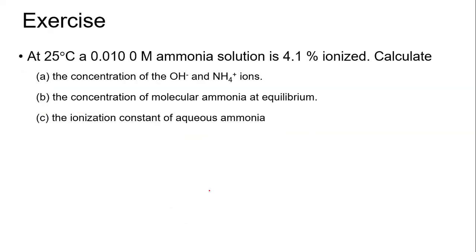Another question: at 25 degrees, a 0.01 molar ammonia solution is 4.1% ionized. Calculate the concentration of the OH minus ions and the NH4 plus. Now I was explaining the importance of 25 degrees.